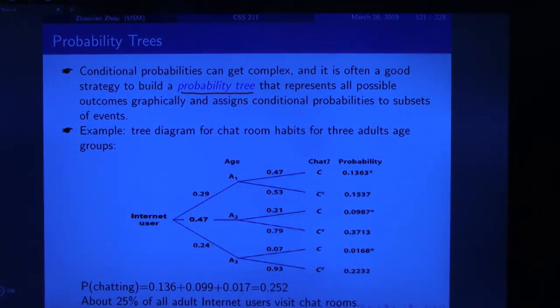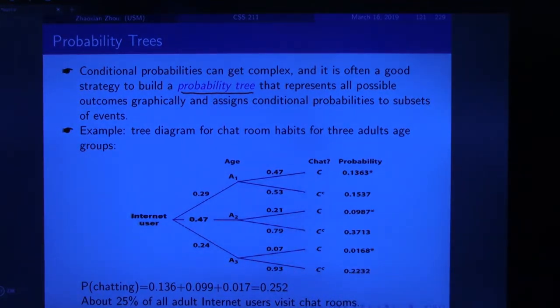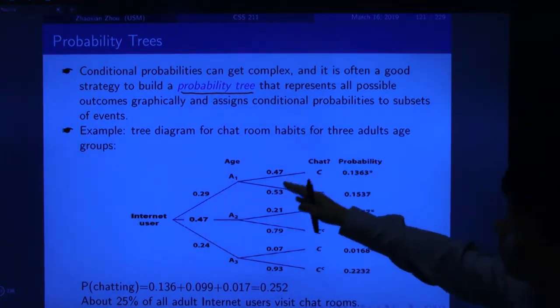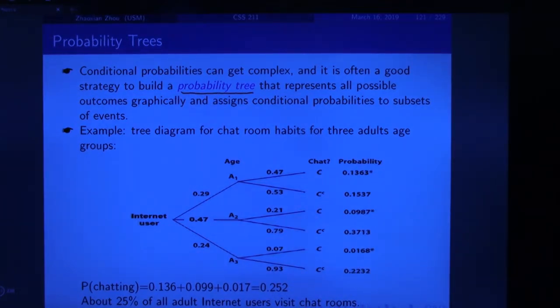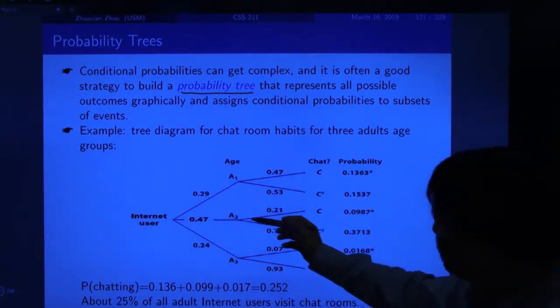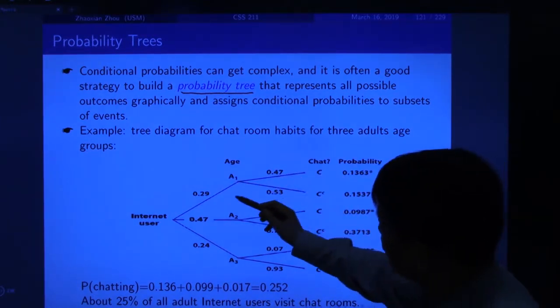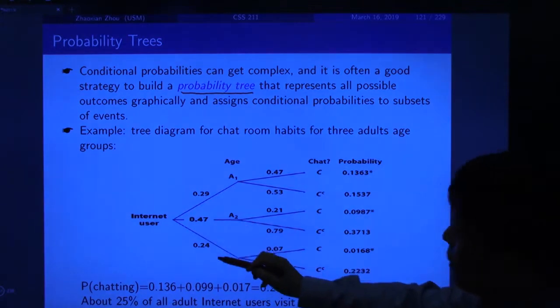What we are looking for is the probability for an adult to chat. We are given all these nine probabilities. If we do not use this probability tree, this looks ugly and it's not easy to calculate. But if we use the probability tree, it is much more straightforward. In group A1, 47% chat, and A1 is only 29% of the total.